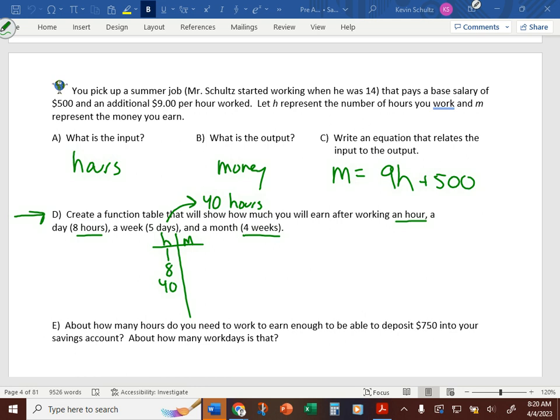Right. If 1 week represents 40 hours, 4 weeks is going to represent 160 hours. Right? 4 weeks, we get that by taking 40 times 4. Because 40 hours in 1 week, 160 hours in 4. It's almost like we're doing a proportion, isn't it? Imagine that. We've done those before. Right? So those are the values that you're plugging into your function table there.